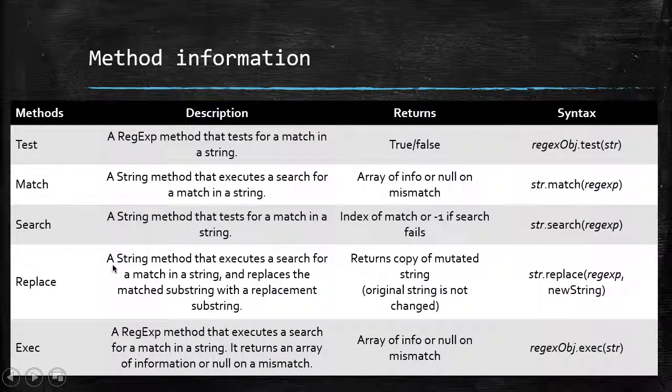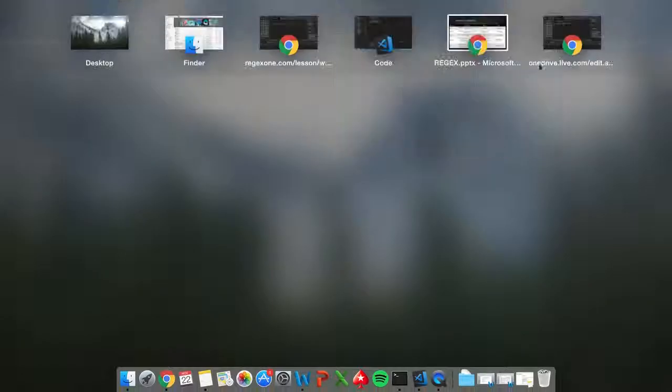Right, and then we have search. Search again matches in the string and returns the index of where it's found this match. If it hasn't found a match, it will just return -1. So we can look at this.